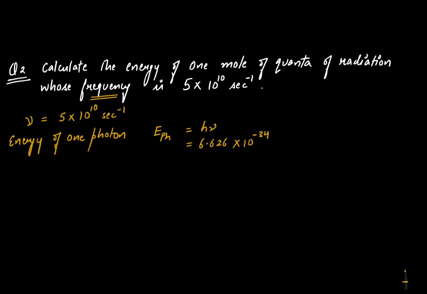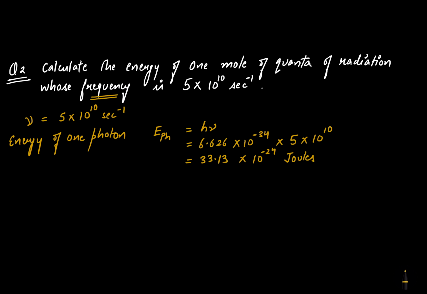The value of frequency is 5 into 10 raised to the power 10 per second. So the energy of one photon comes out to be 33.13 into 10 raised to the power minus 24 joules.